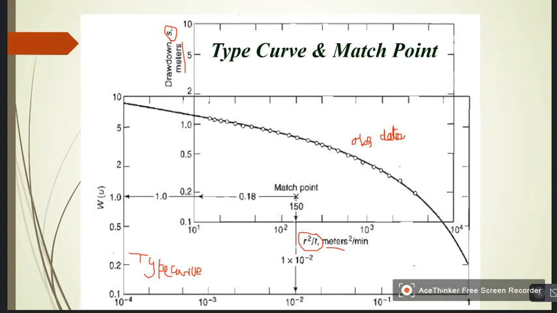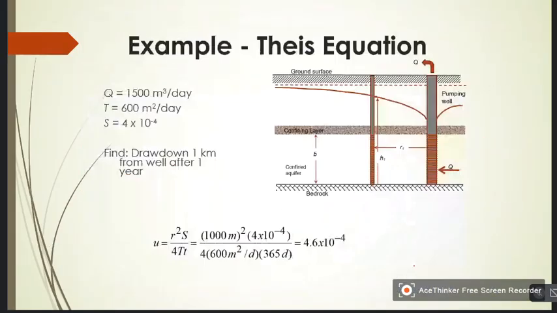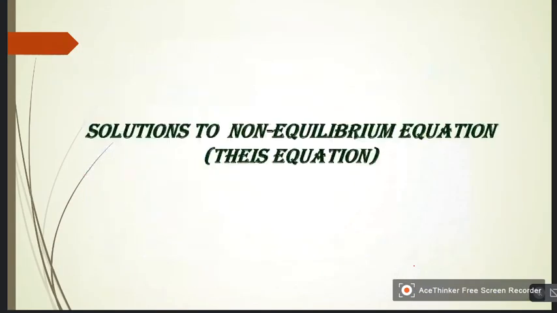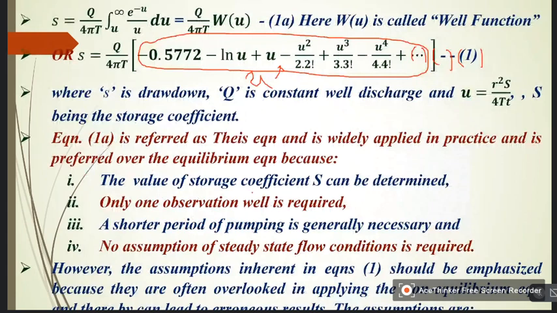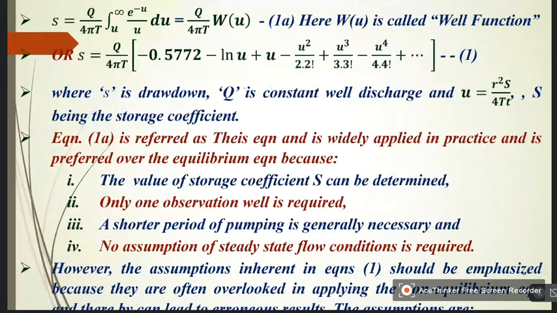Minus 0.5772 and log U. All these other terms are neglected. So your equation will now get simplified to this, where U is this value. So he has used this approximation.